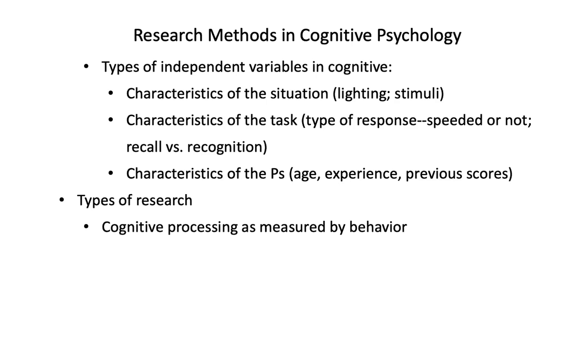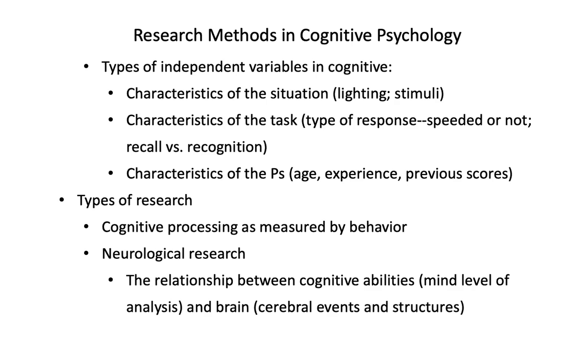And so in addition to studying cognitive processes based on our participants' behavior that they demonstrate in the lab, or their performance, we can also use other methods to study human cognition as well. Another way to do this is through neurological research.